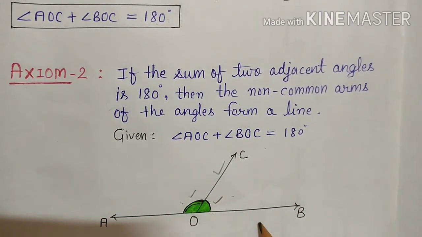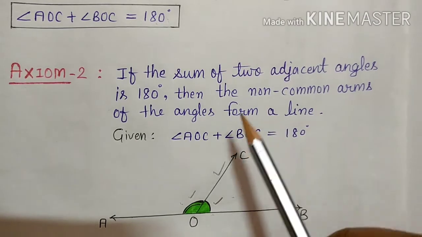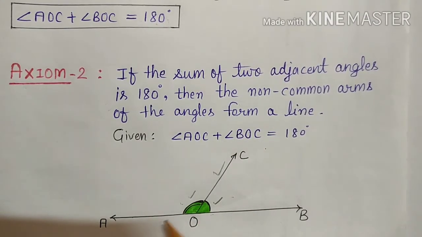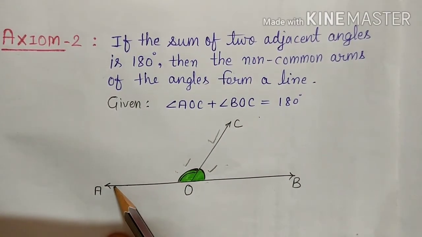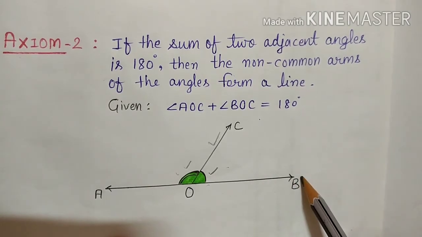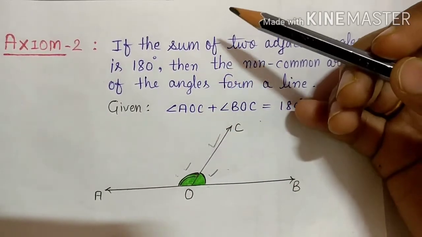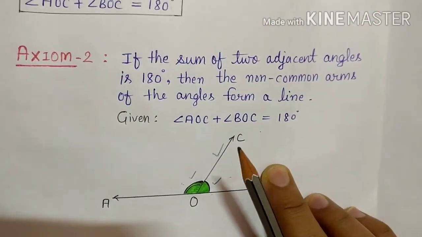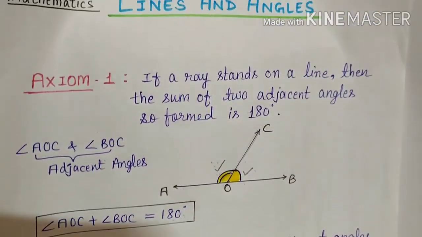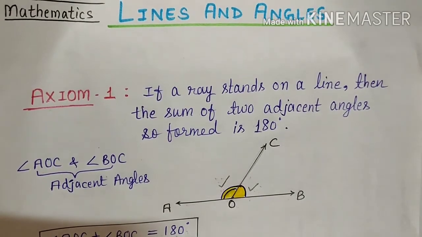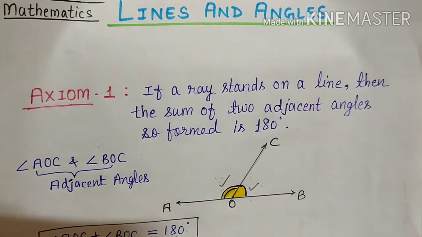OA and OB are non-common arms. So these arms will form a line. As you can see here, AB is a line. So you can understand that it is the reverse of the first axiom. These axioms will help in this chapter, lines and angles, in our exercises.